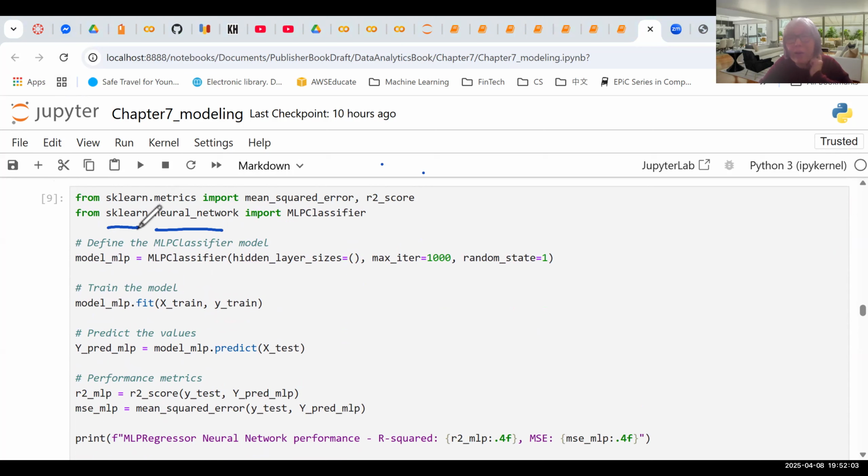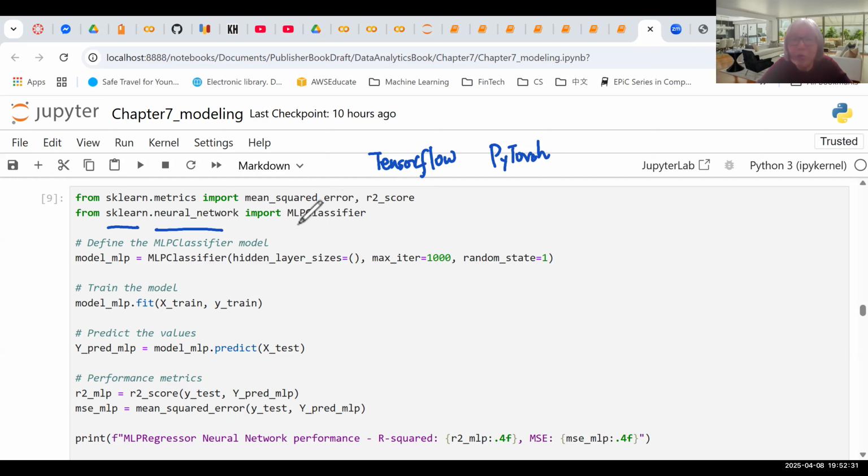For a complicated and large neural network, normally we prefer to use a package like TensorFlow or PyTorch instead of scikit-learn. But scikit-learn gives us some idea about neural networks.